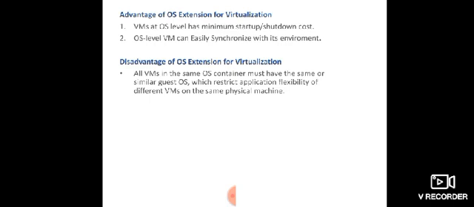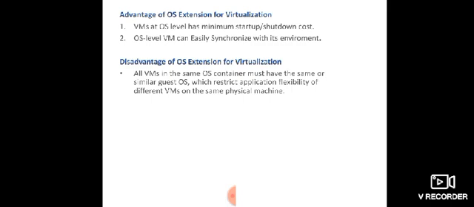So what is the need for this virtualization? There are many advantages of extending the OS for virtualization. One is that virtualization at the OS level has minimum startup or shutdown cost. And this virtual machine can easily synchronize with its environment. This is a very big advantage.